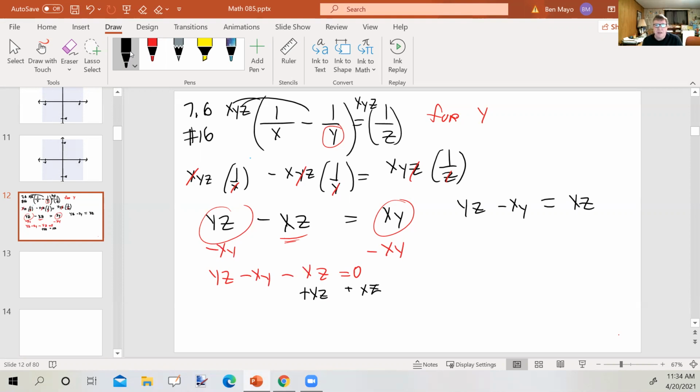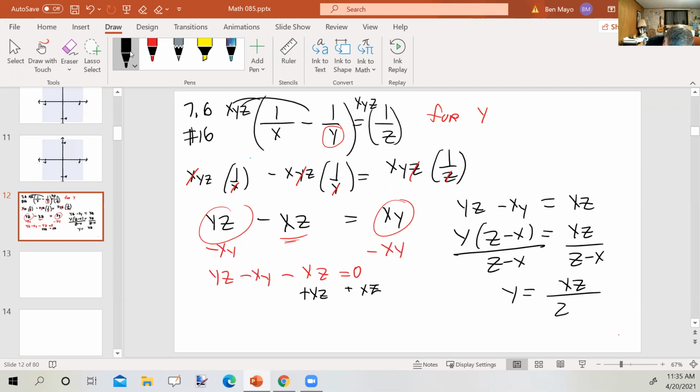Okay, so I have the two terms that contain the variable y on the same side of the equation, and the one term that does not contain y on the other side. Now I'm going to factor a y out of the left-hand side. So now I have y times a quantity. Then I will divide both sides by that quantity, giving me y equals xz over the quantity z minus x.